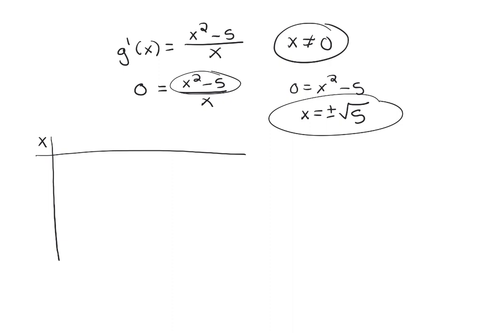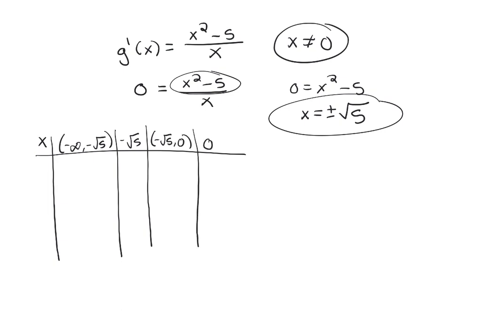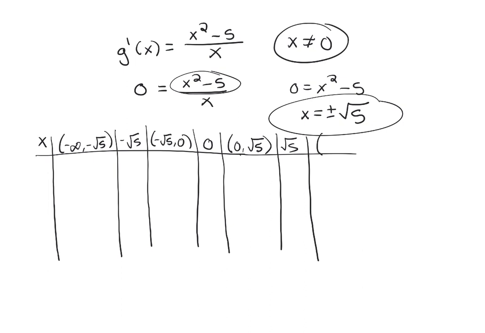So my intervals are negative infinity to negative square root of 5, then negative square root of 5 to 0, then 0 to positive square root of 5, and now square root of 5 to infinity.